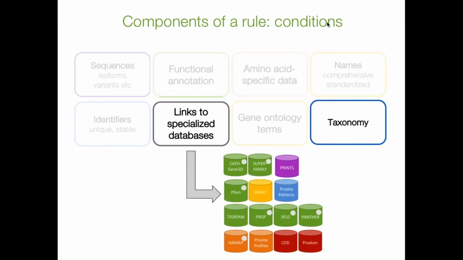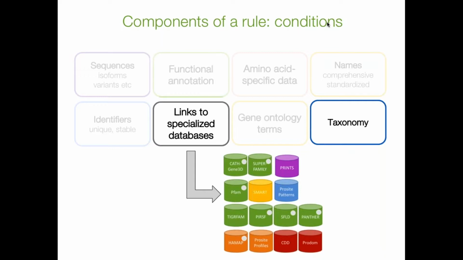How does this connect back to the data that we have available in the UniProt knowledge base? We've had this slide before where we saw all the different types of data contained in the UniProt knowledge base and in its entries. One of those data boxes was the links to specialized databases. And it turns out that all the member databases that InterPro collects from, that we've just seen on the previous slide, are actually linked out to from all the UniProt knowledge base entries that have a connection to one or many of these.